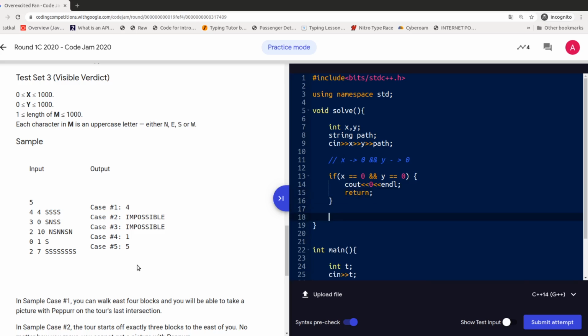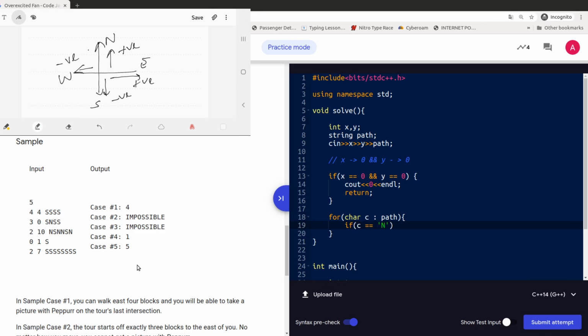Otherwise, we run through the loop over the path, and if c is equal to north, this means that we are going up, so we have to increase our y coordinate, and if c is south, then we have to decrease our y coordinate.